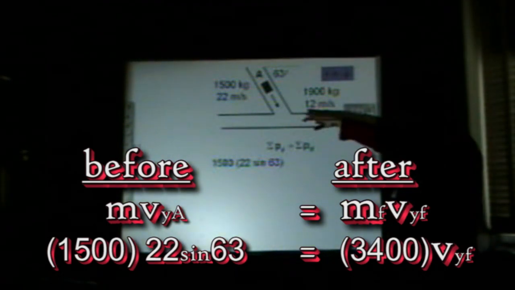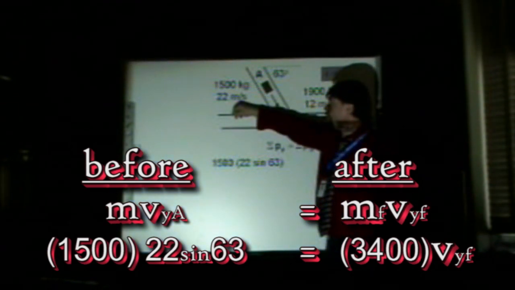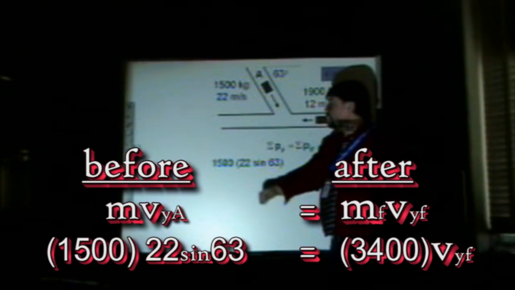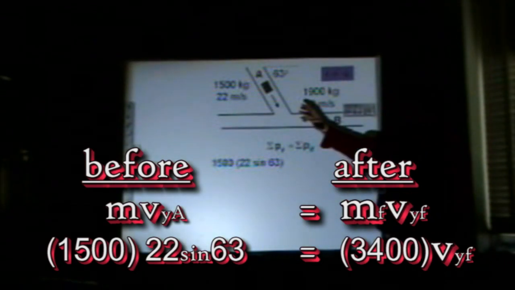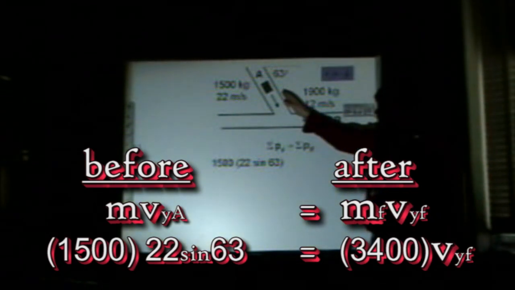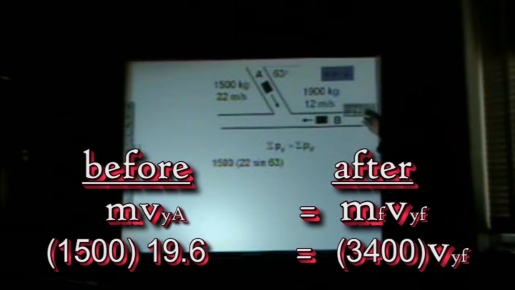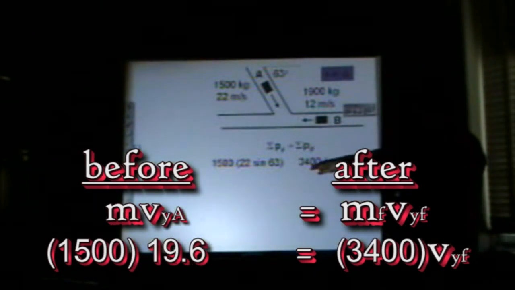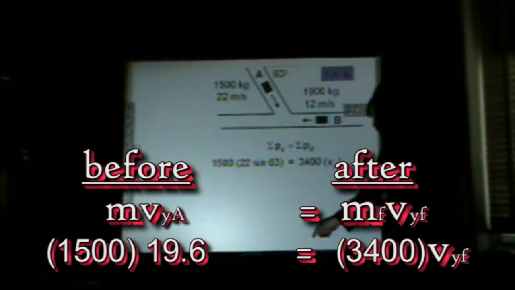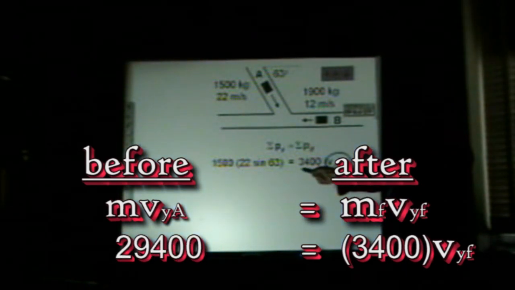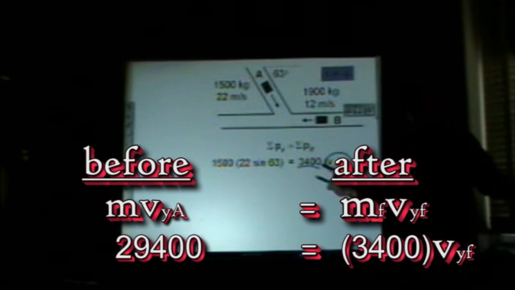We have 1,500 kilograms, 22 meters per second. The Y component is the sine; X was cosine, Y component is sine. After the collision, to find this Vy, we divide by 3,400, right?